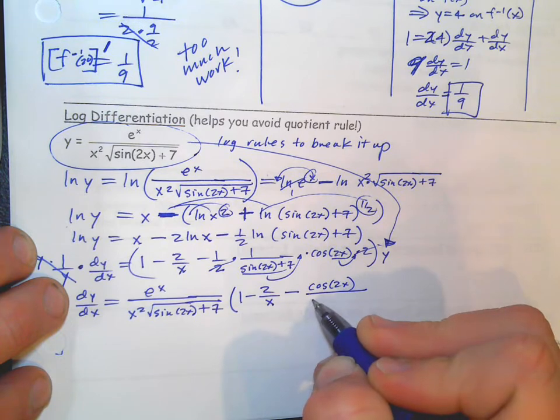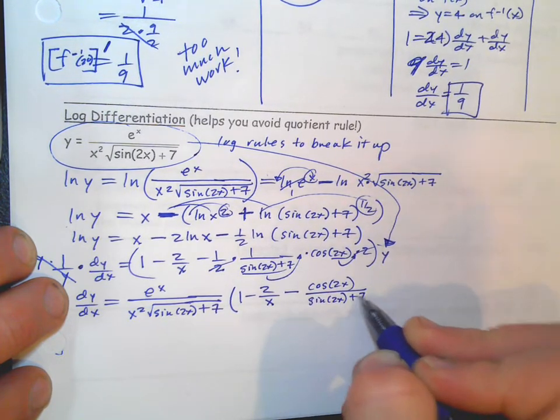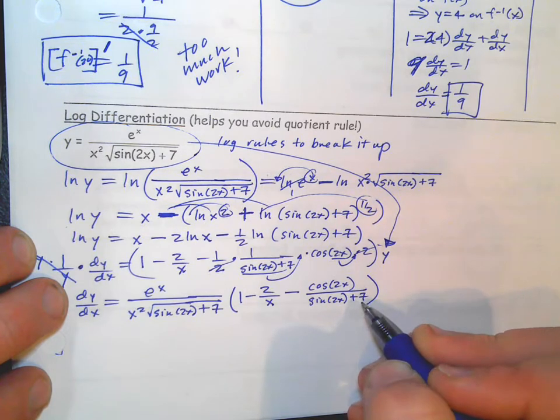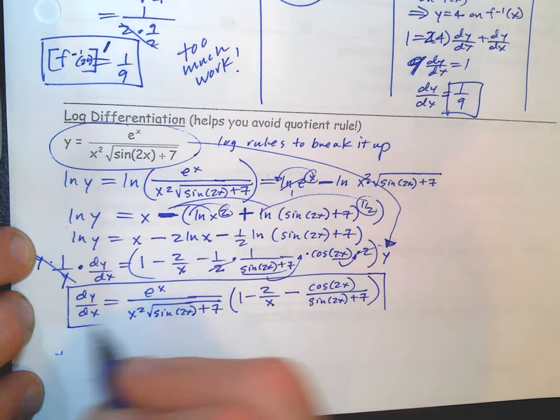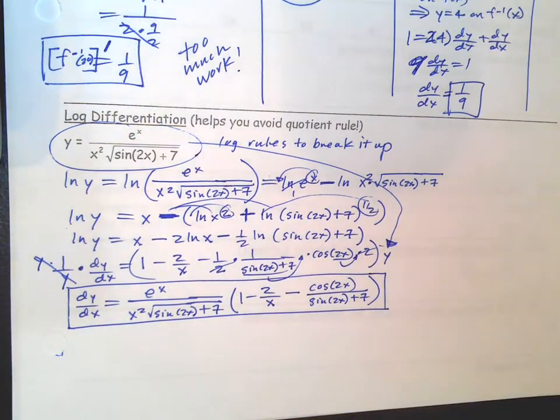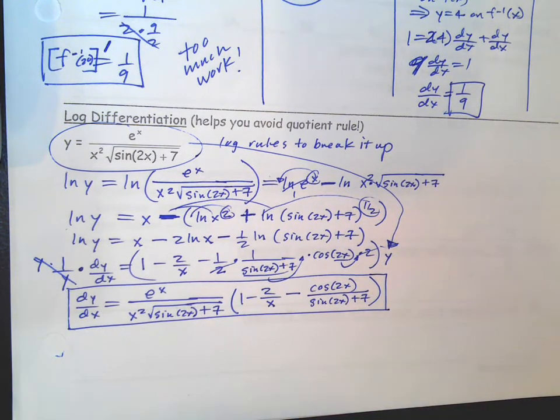You can't make that cotangent because it's plus 7 here. So I think that looks pretty good, and that was a lot cleaner and a lot easier than the other option. So just something to keep in mind: you can take advantage of logs. Use log rules to break up logs when they show up, but sometimes you can even introduce them yourself.